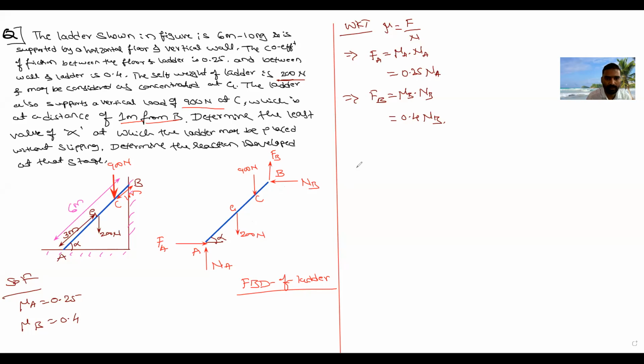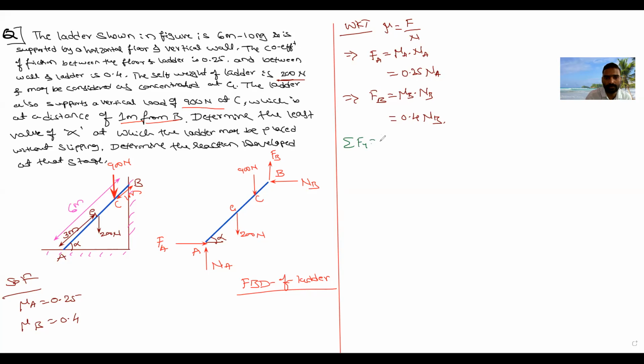So first apply sigma V equal to 0, that is summation of Fy equal to 0.